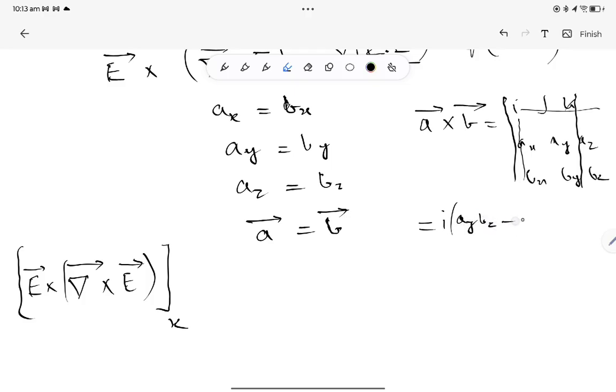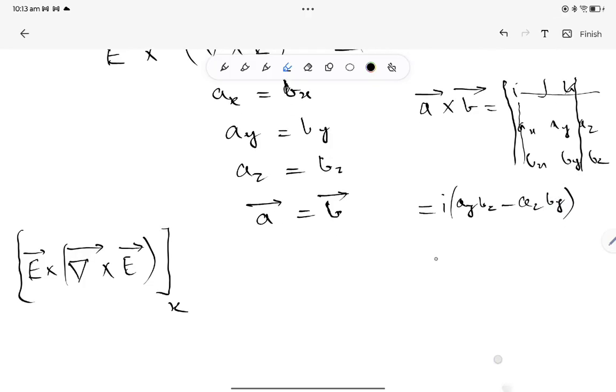minus az by, that is one thing. Then second, the jth component, plus j. We can take minus j if we follow the rules of determinant expansion, but we overcome that problem by starting with the product in this direction. We take this product first, then this product.